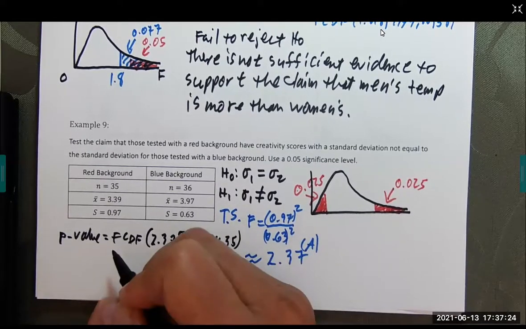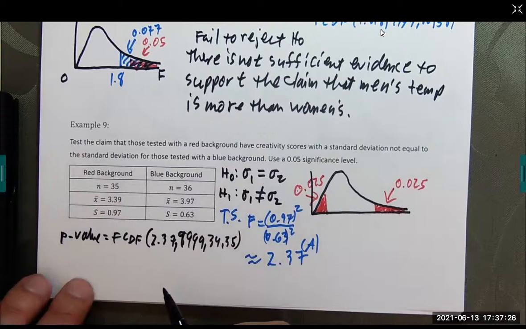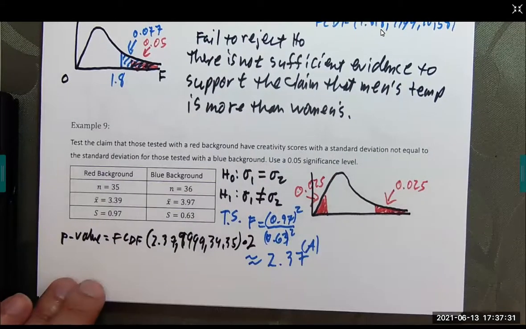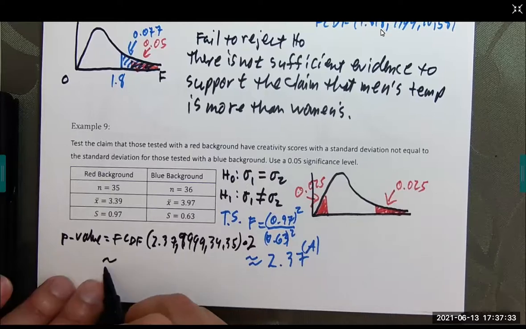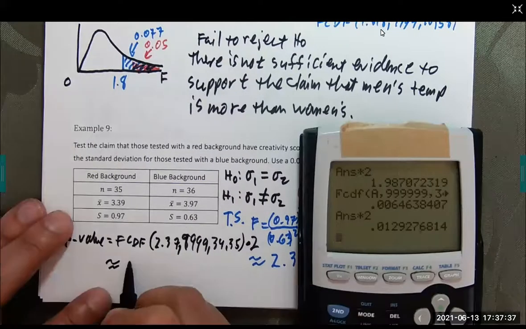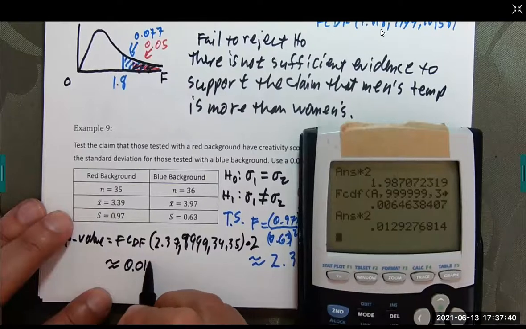And then we have to times 2. What we got from that is this one here, 0.0129.